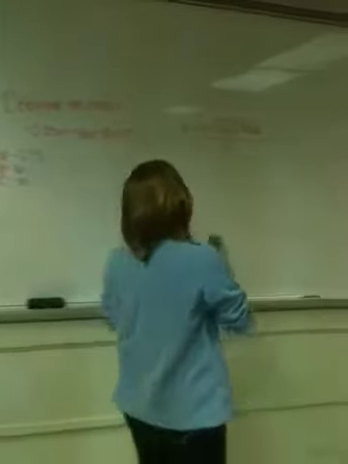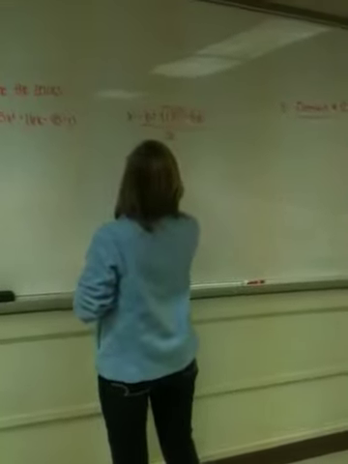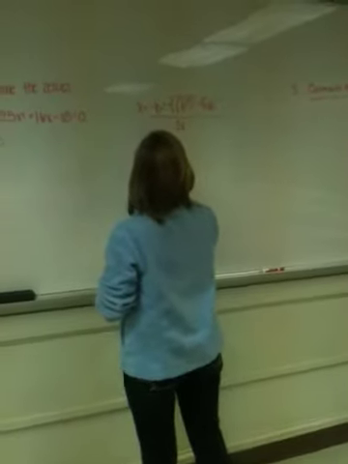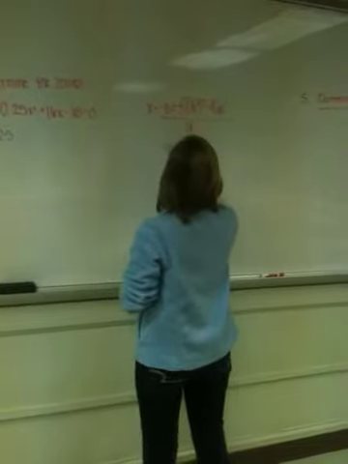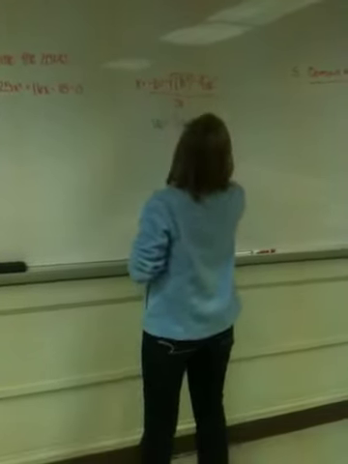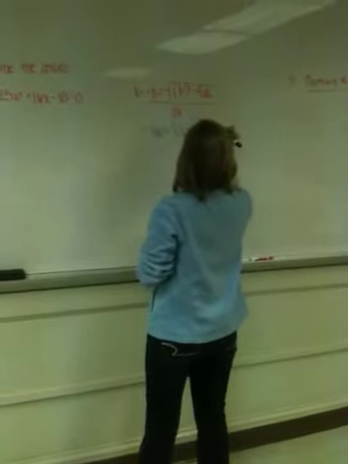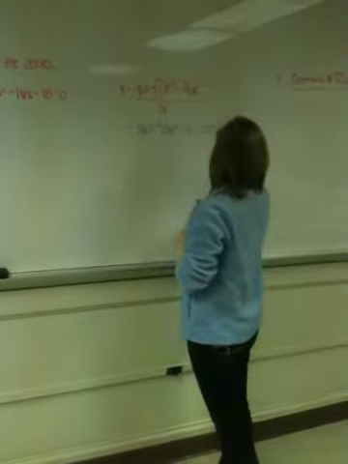Now coming over here, we're going to tie that in by placing 16 where all our B's are, negative 0.25 for all our A's, and negative 18 for our C's.